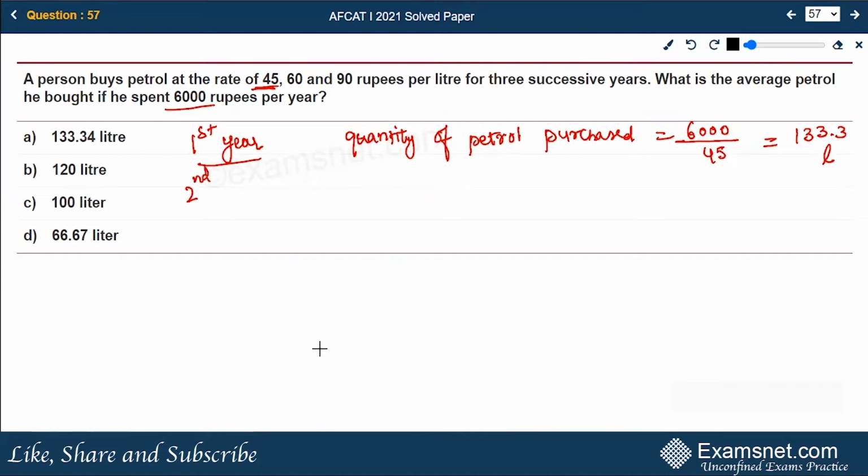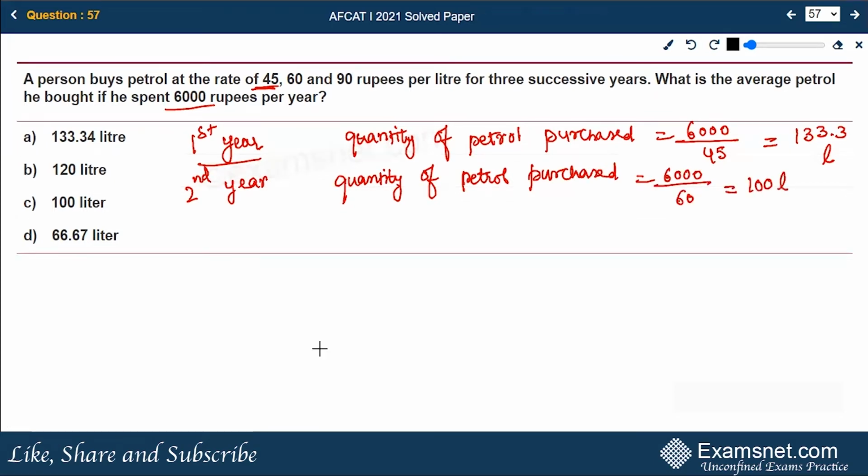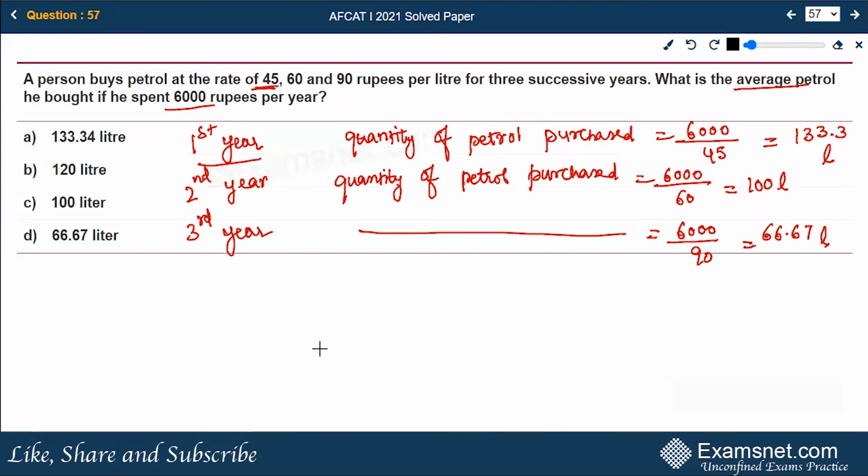For the second year, quantity of petrol purchased is equal to 6,000 upon 60 rupees, which simply gives you 100 liters. For the third year, quantity of petrol purchased is equal to 6,000 upon 90, which gives you approximately 66.67 liters. So you have to calculate the average petrol.